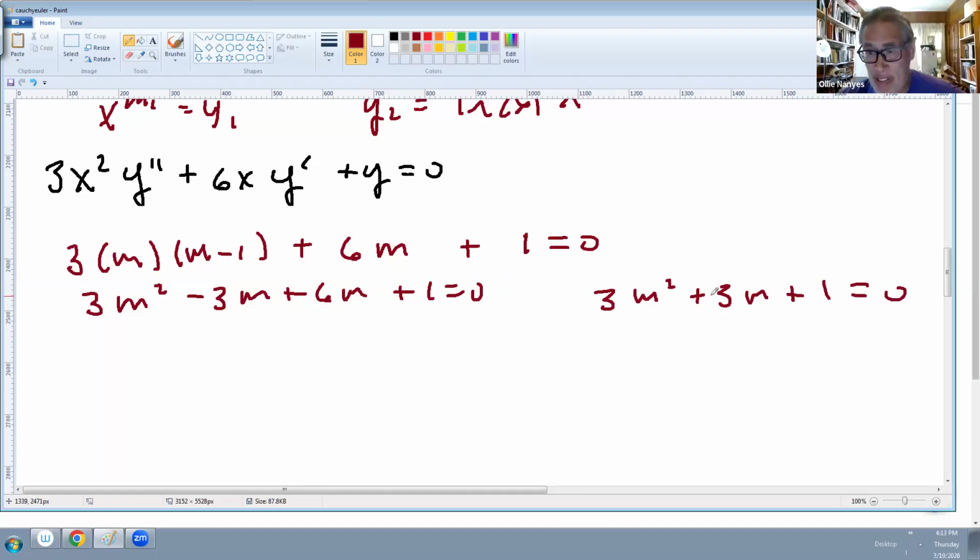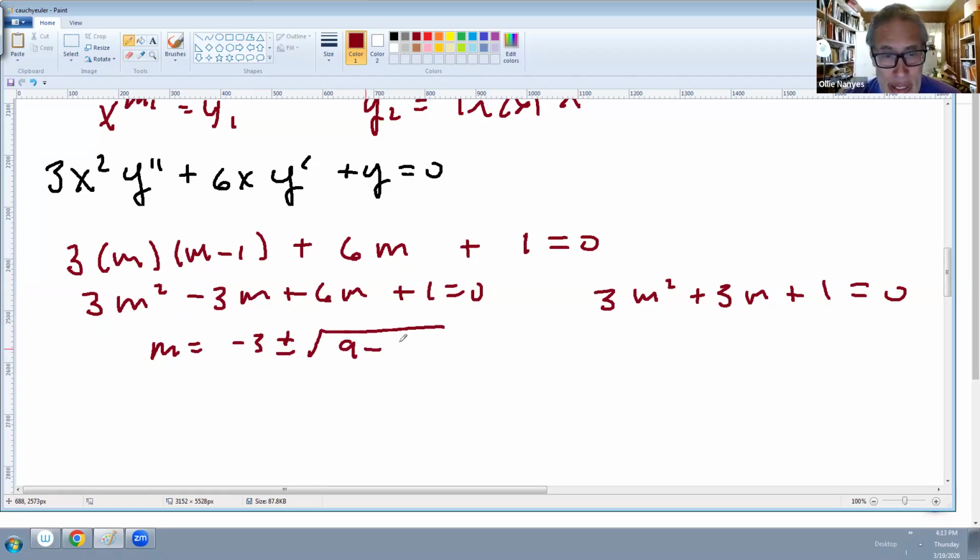And does this factor? Well, you can use a quadratic formula. Yeah, so let's go ahead and use a quadratic formula to factor this. We'll save ourselves some time. So m is equal to minus b plus or minus the square root of b squared.